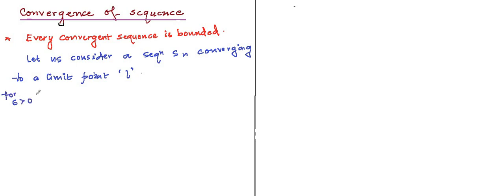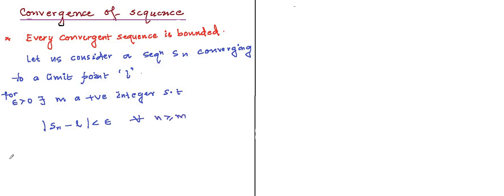For epsilon greater than 0, there exists m, a positive integer, such that |Sn - L| is lesser than epsilon, and that is for all n greater than or equal to m. Now you can also rewrite this as L minus epsilon lesser than Sn and Sn lesser than L plus epsilon.